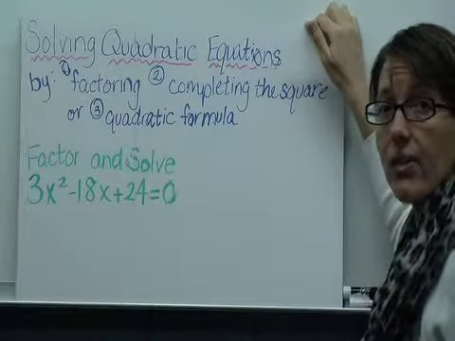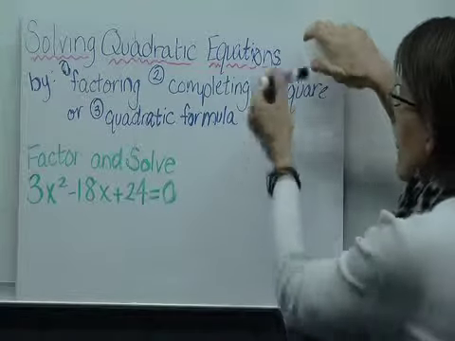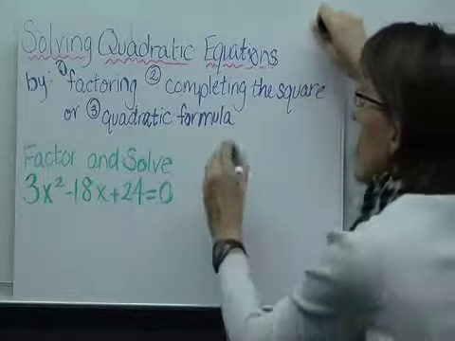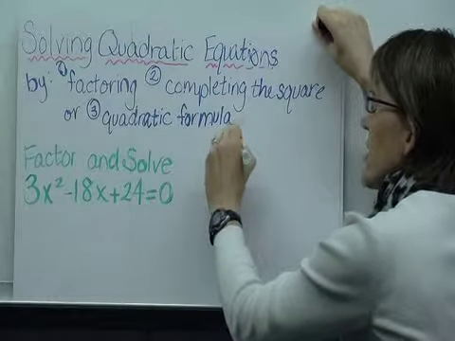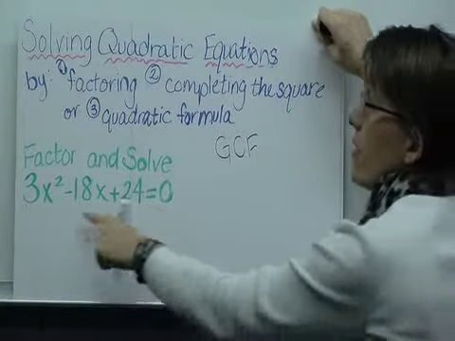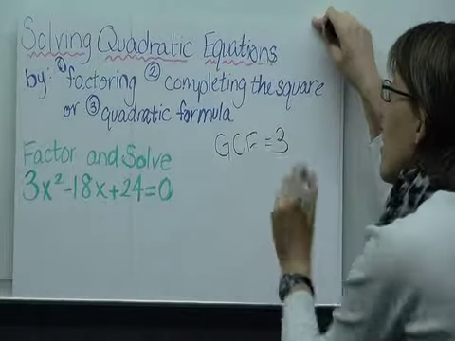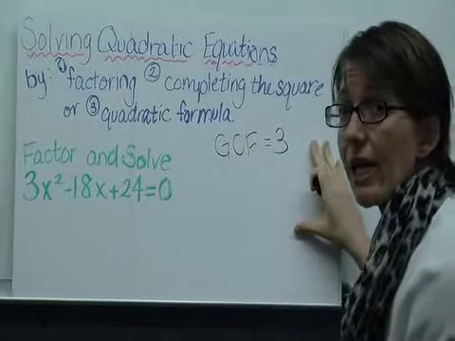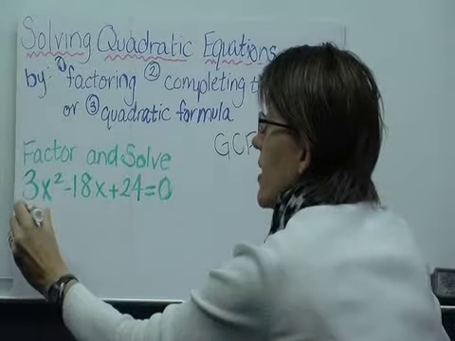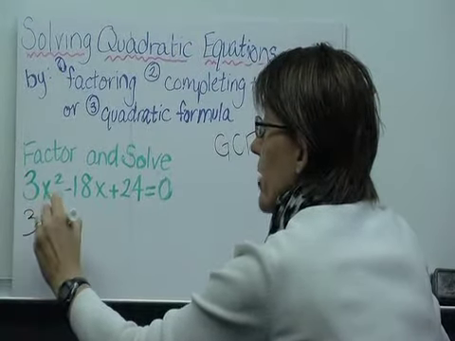Always, the first step in factoring is to look for that greatest common factor, the GCF. Here, the greatest common factor is 3. I'm going to factor that out, dividing each term by 3.